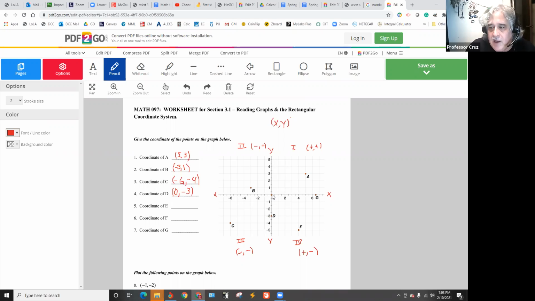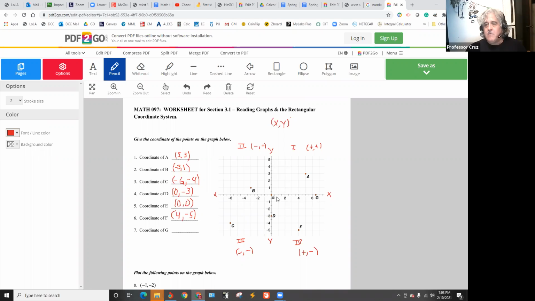Now, E is not moving anywhere. That's what we call 0, 0. That's the center of the universe. F, right there. To get to it, we go in the positive direction 4, and now negative 5.